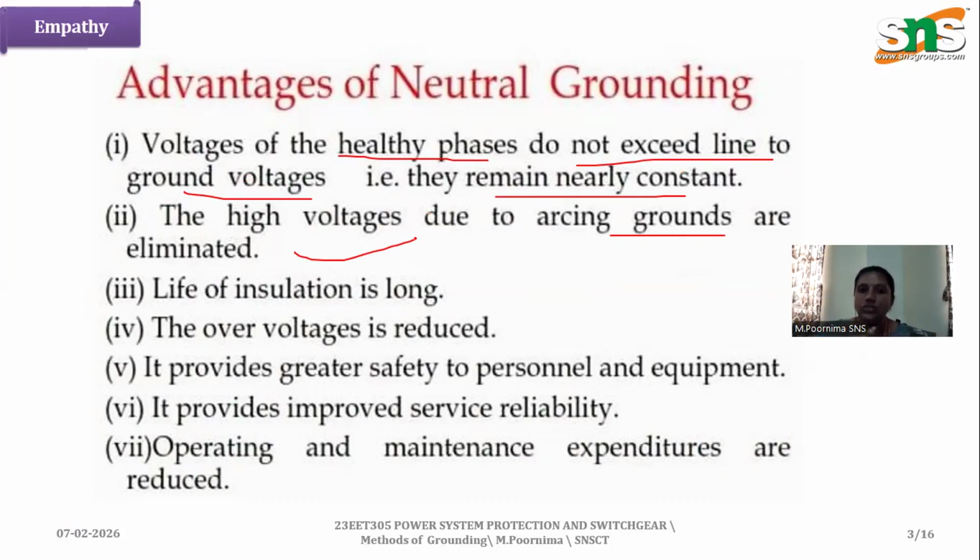The life of the insulation will be very long because of neutral grounding, and overvoltage is reduced. It provides greater safety to personnel and equipment, and improved service reliability. Operating and maintenance expenditures are also reduced.